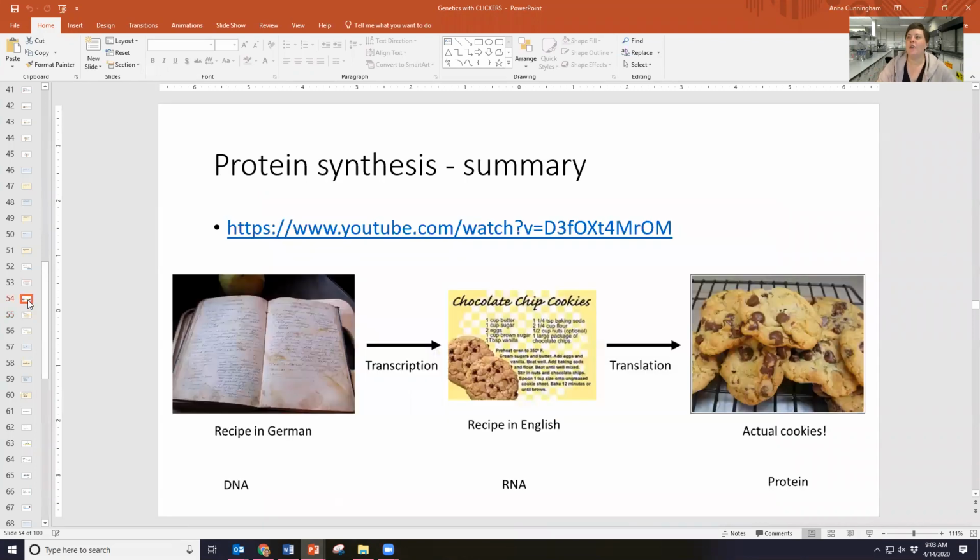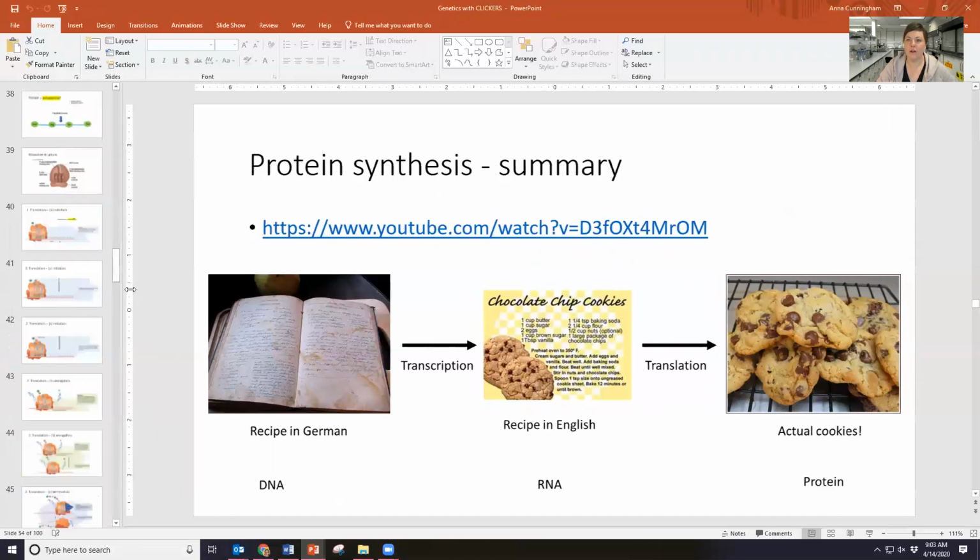All right. So last time we met, last Thursday, we had finished talking about protein synthesis, which is really exciting. So we know the basics of how we go from DNA to RNA to proteins.